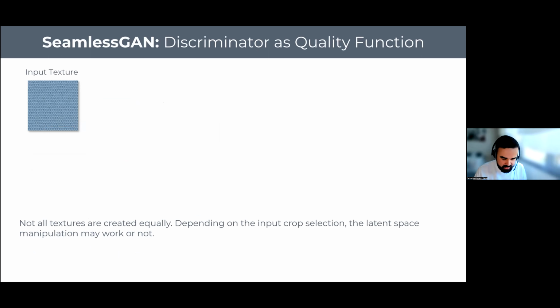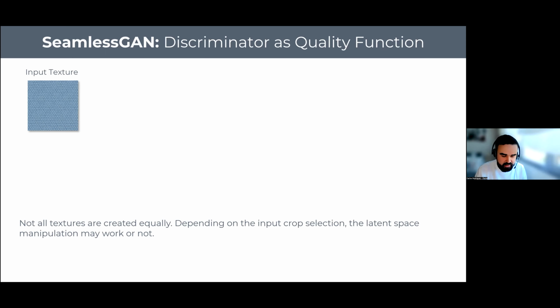However, what we find is that depending on the crop that you use to feed the generator, we obtain results that may be of high quality or really low quality, and we need to distinguish between them. To do so, we use the discriminator as a quality function. Usually in GANs, the discriminator is not used at test time, which is a waste of resources because you have a really good model that can distinguish between high quality and low quality images.